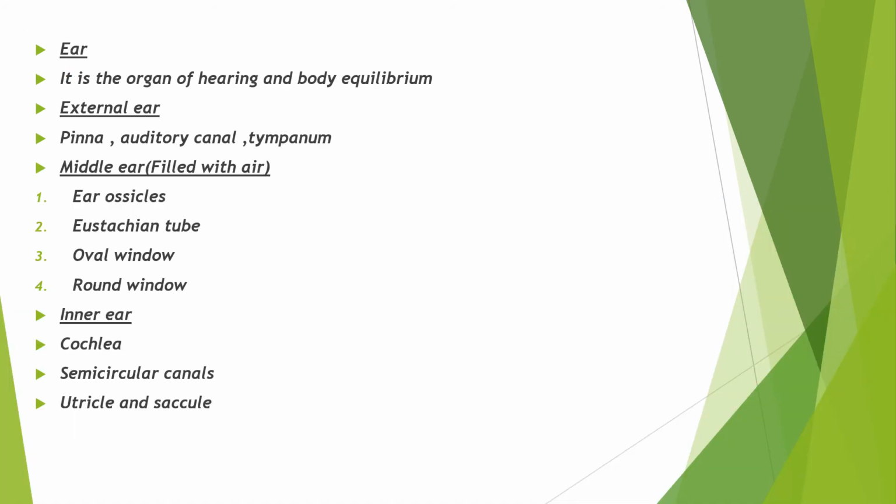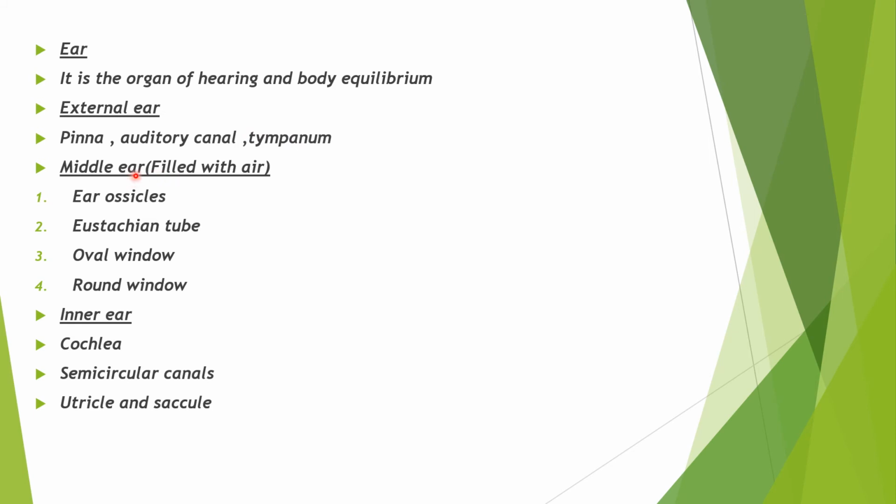Now the next sense organ which we are going to study is the human ear. Now the human ear is not only the organ of hearing, but it is also the organ which maintains body equilibrium or body balance. Now the human ear is studied under three headings. The external ear, which consists of the pinna, the auditory canal, and the tympanum.